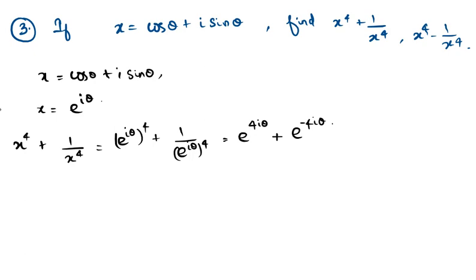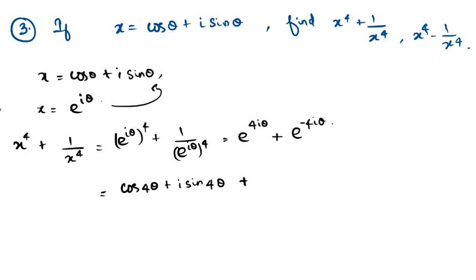So now let us write as per the given condition. So we have e power I theta is equal to cos theta plus I sin theta. In the same way, we have e power 4 I theta, so this can be written as cos 4 theta plus I sin 4 theta, right?